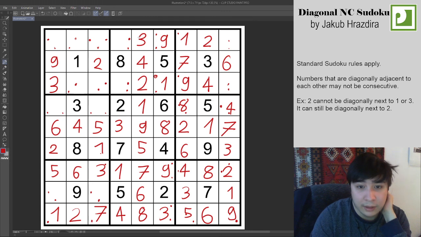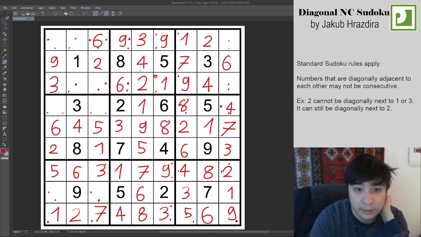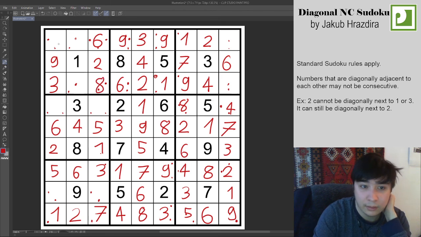Oh, we did put a 9 there, which resolves the 9, 6 pair. And the 6 does give us this 6 over here at the top. This is now an 8. This is now a 4.